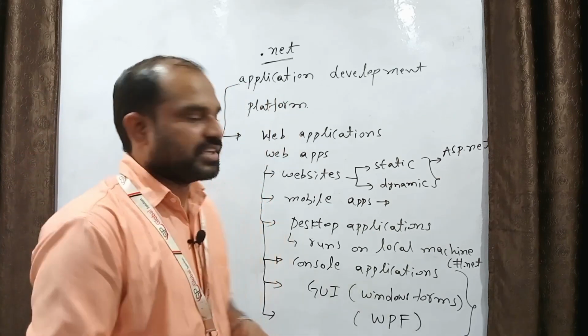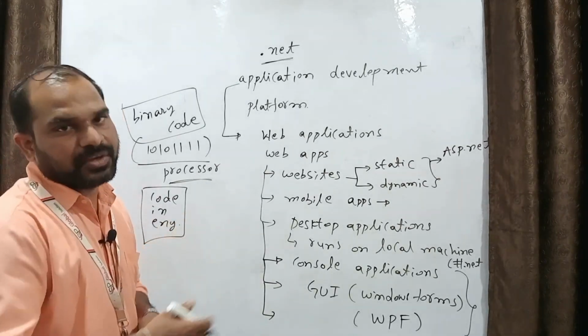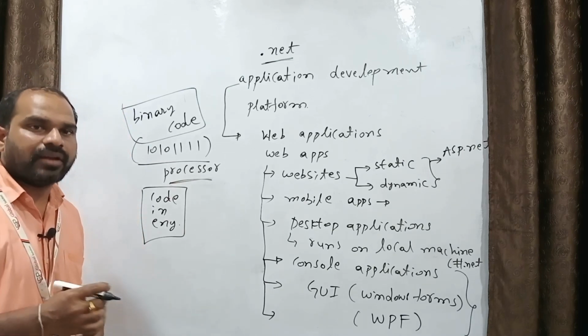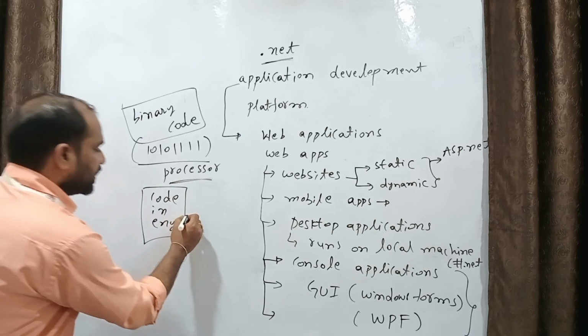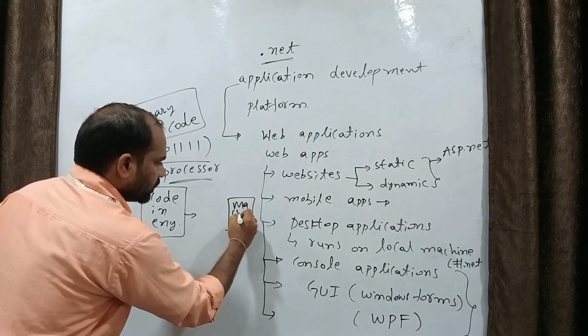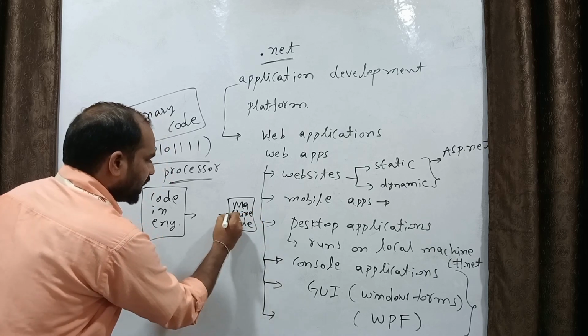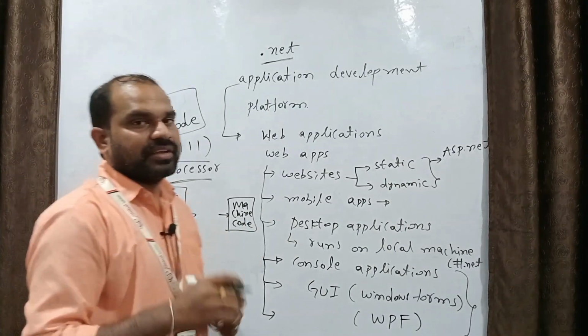We need to translate it. Translate this program into a processor-dependent program, which is called binary code or bytecode, native machine code, also called machine code. So convert this code into machine code. But how can we convert this code into that code?